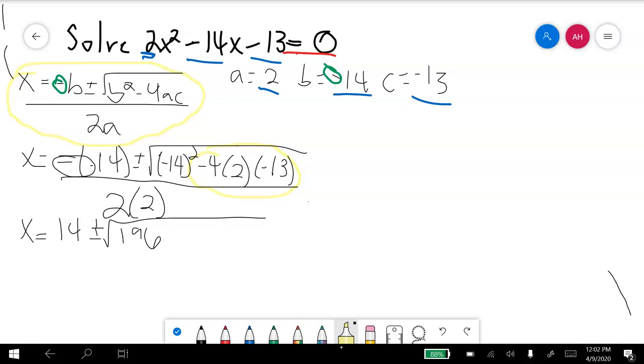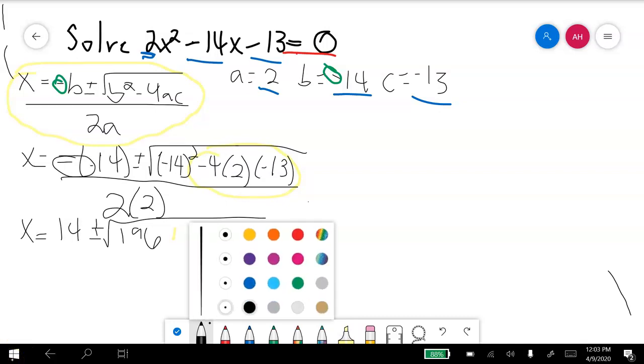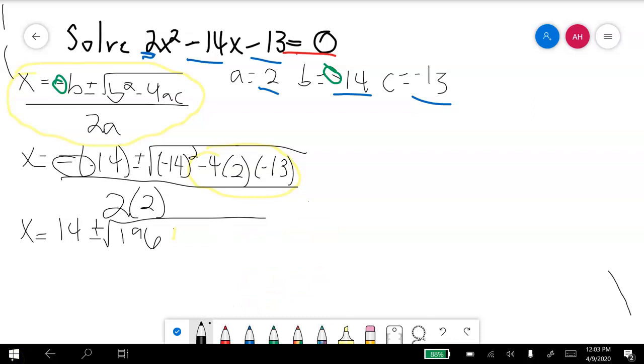And negative 8 times negative 13 is a positive 104. And that's all over positive 4.